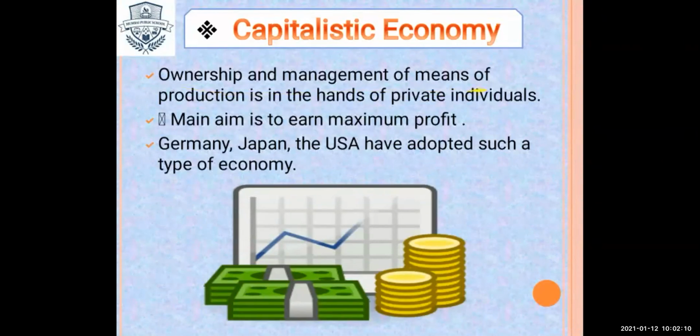Ownership and management of the means of production is in the hands of private individuals. The main aim is to earn maximum profit. This type of economy has been adopted by Germany, Japan, and the US.